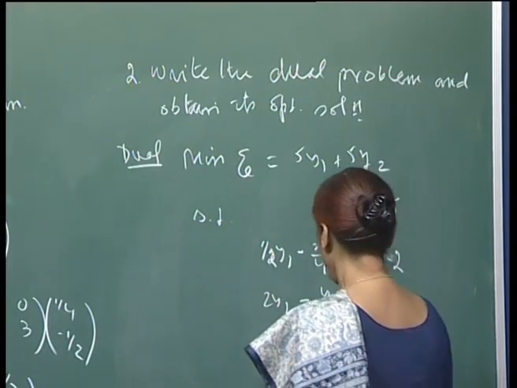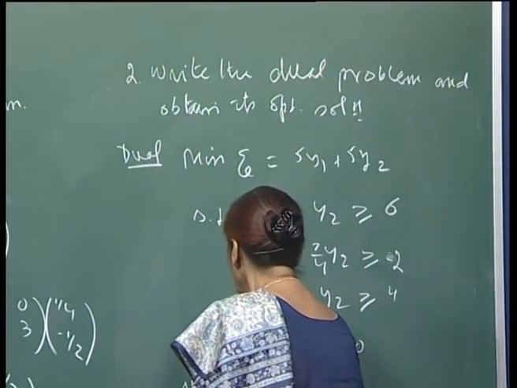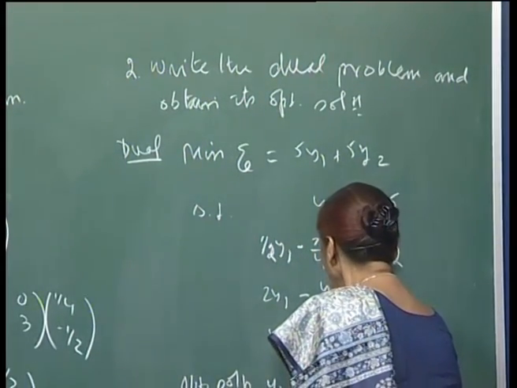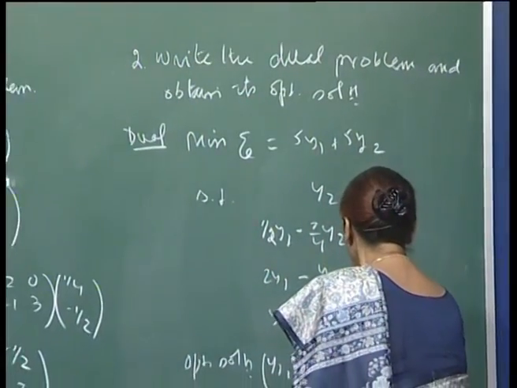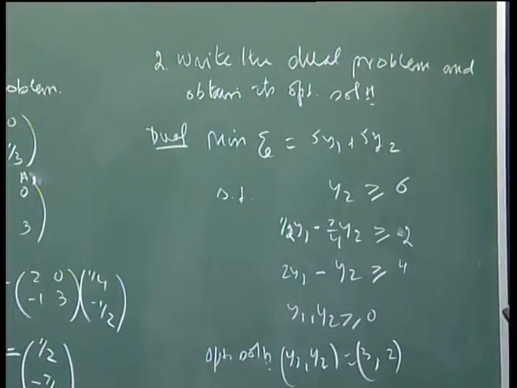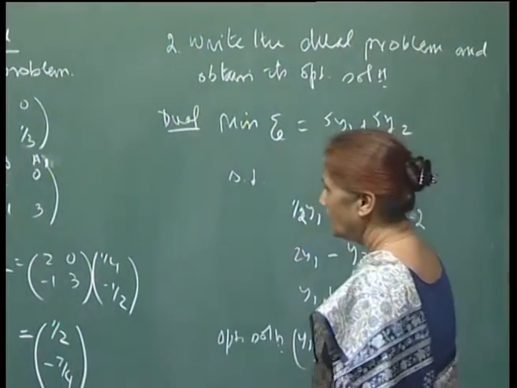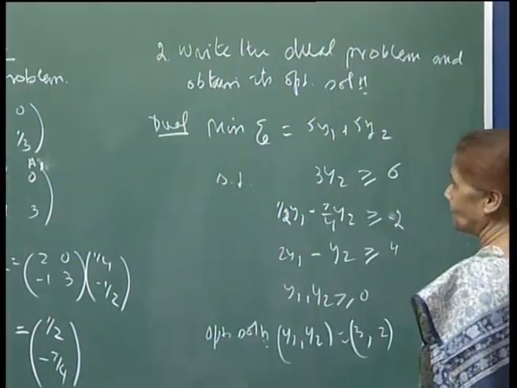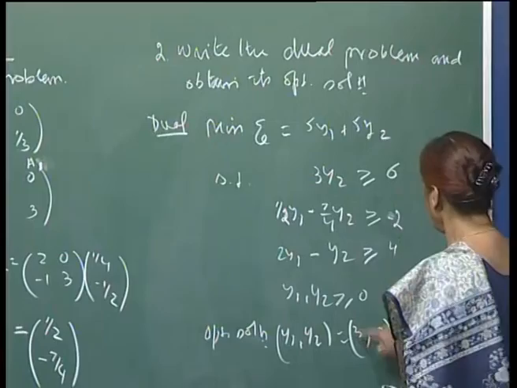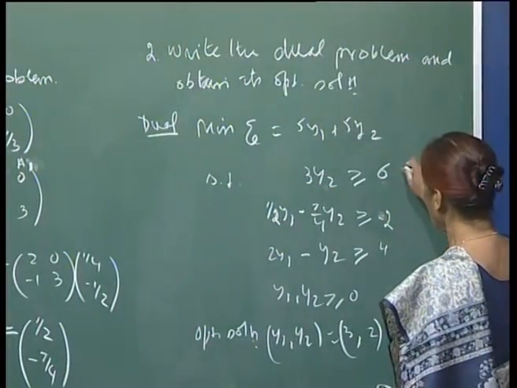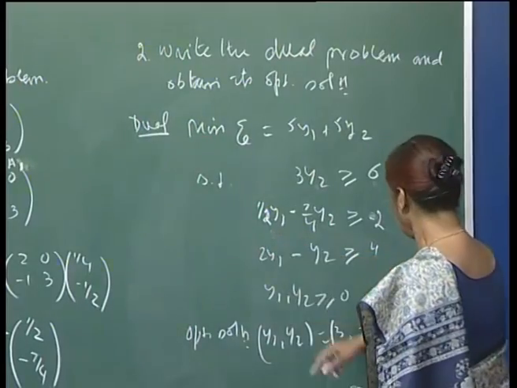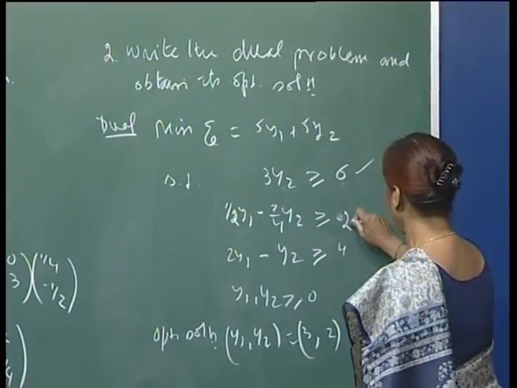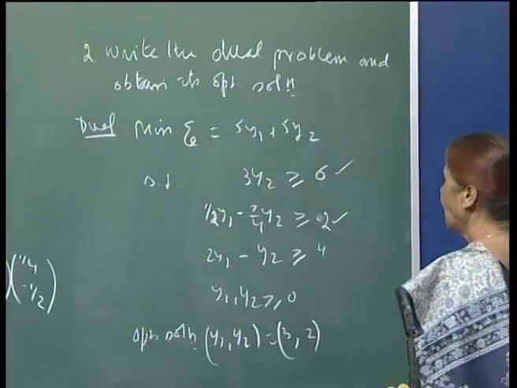So, I am saying that the optimal solution is y1, y2 equal to 3, 2, and let us quickly verify that this is feasible. Here, 3y2, so 9 is greater than or equal to 6, this is satisfied. Then here this will be 3/2 minus 7/2, which is satisfied as equality.